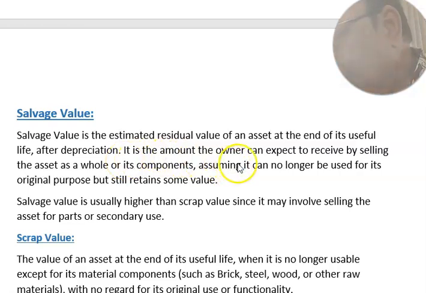It is the amount the owner can expect to receive by selling the asset as a whole or its components, assuming it can no longer be used for its original purpose but still retains some value. Salvage value is usually higher than the scrap value since it may involve selling the assets for parts and secondary use.